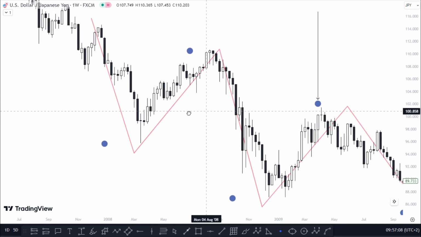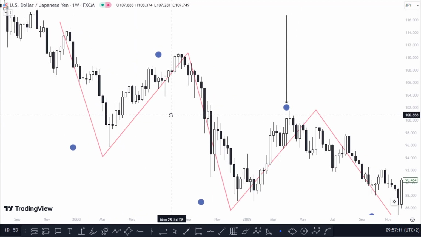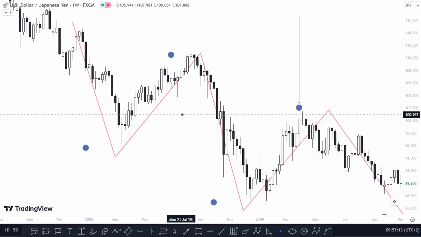A new structure. On weekly time frame, we can easily see a structure we are going to use to take a trade.